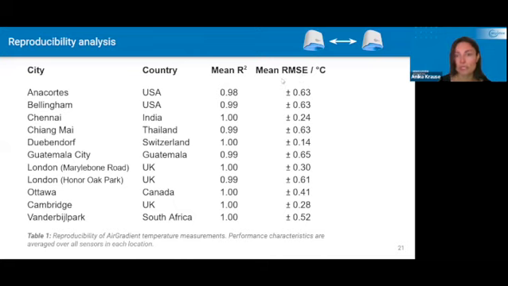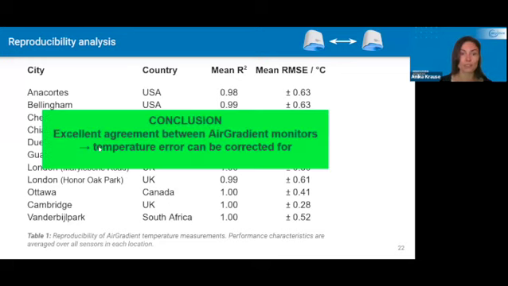And the mean root mean square error, so the average error between 2 monitors, is always below 1 degree, and the maximum is basically 0.6 degrees. So this is really good news. That means there's an excellent agreement between our AirGradient monitors, and therefore the temperature error can be corrected for.